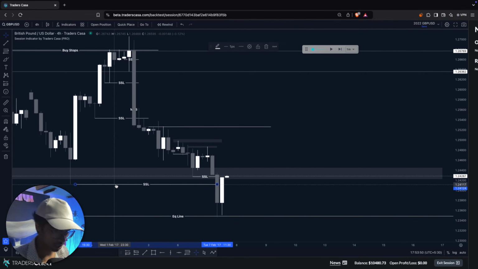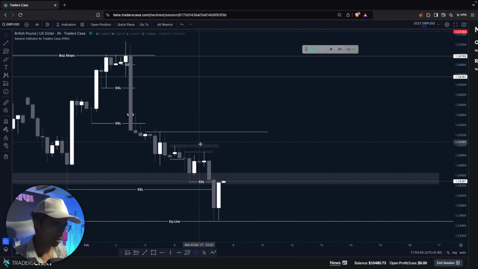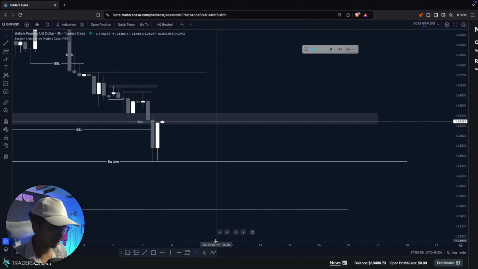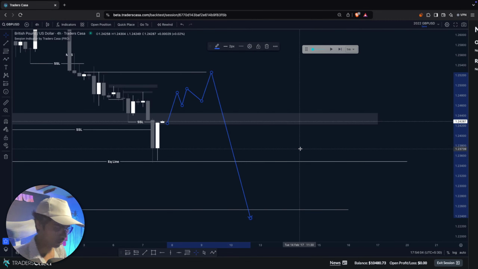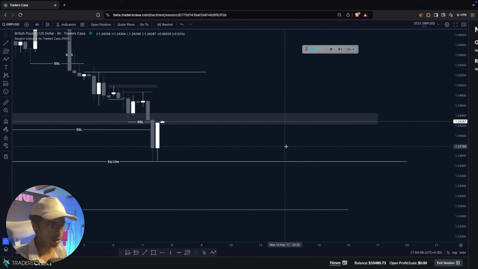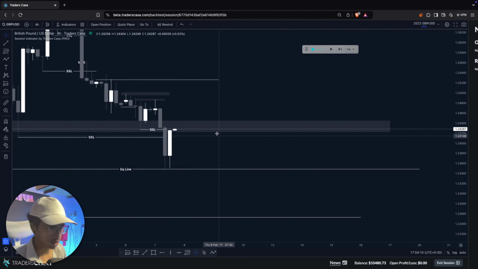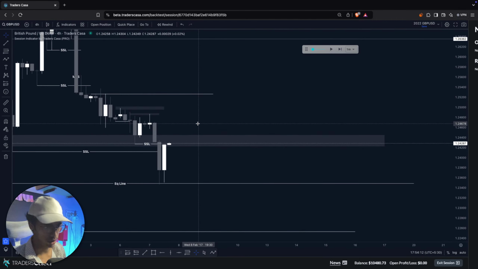Sell side liquidity is taken, right? If the sell side liquidity is taken, the price should come back to this particular equilibrium and then gyrate off. So that is the first scenario. According to this, my daily bias should be bullish. I am saying bullish.